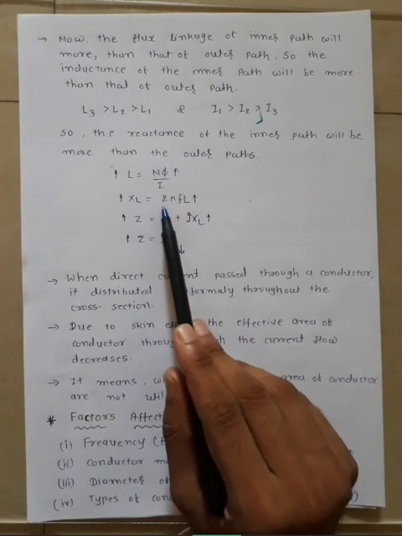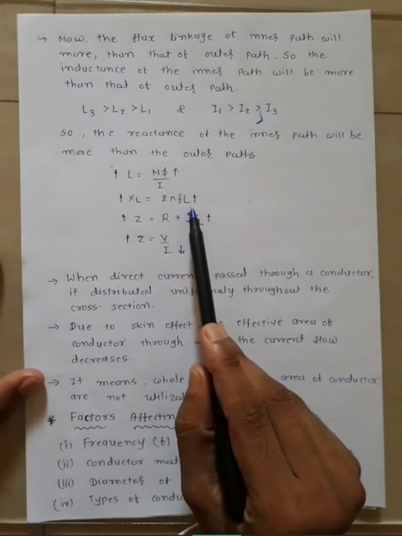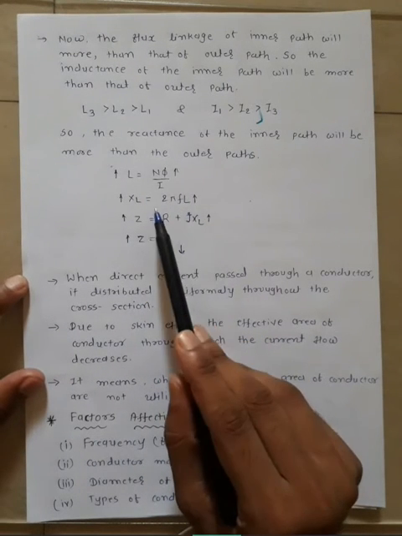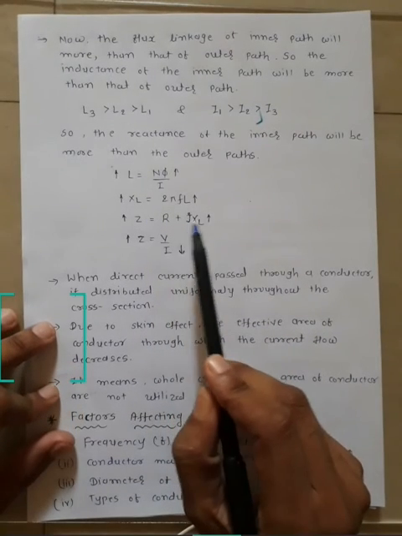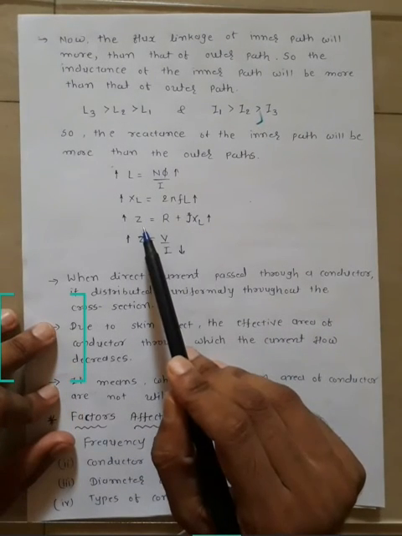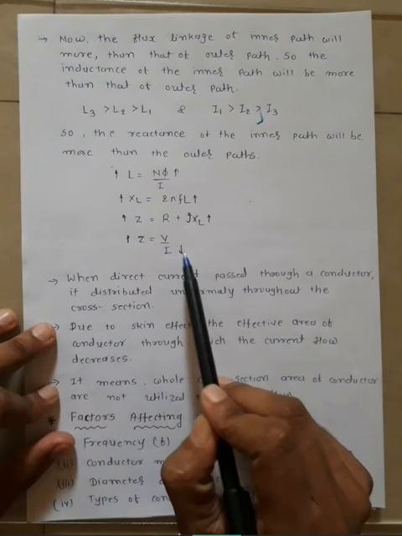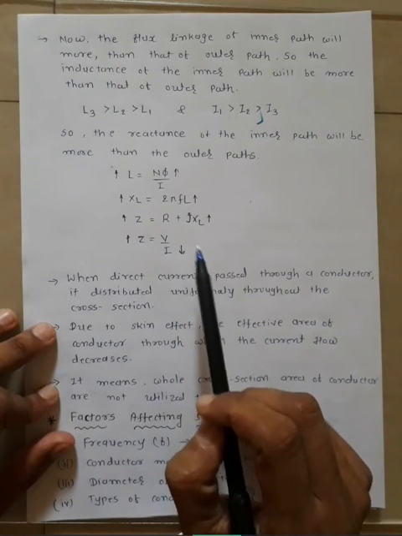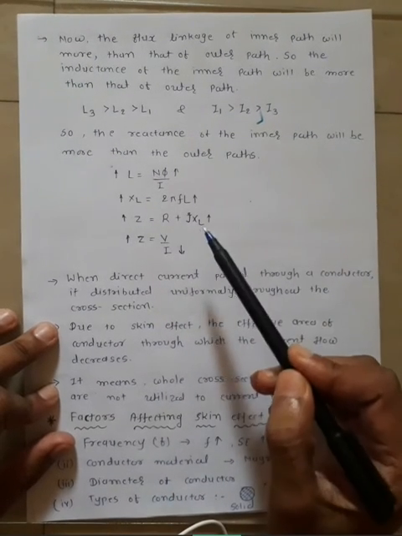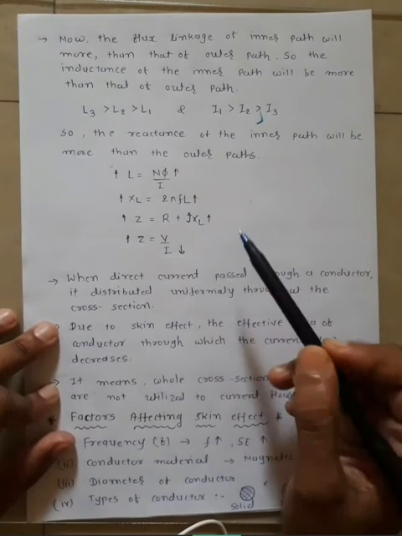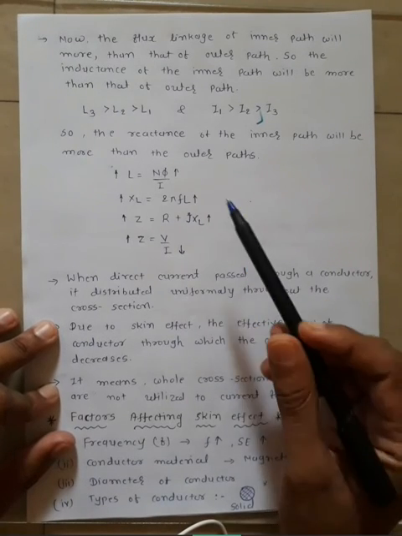The equation is XL equals 2 pi FL. The inductance is more, so XL is more, then the impedance Z is maximum and the current decreases in the inner part of the conductor. As we go outside the circle, the current increases.